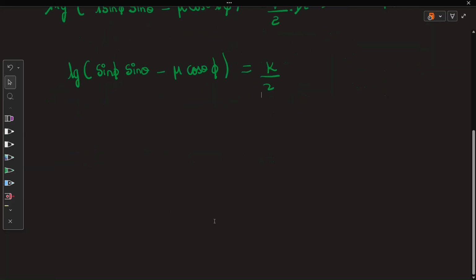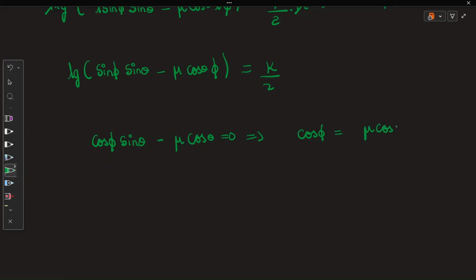So if I differentiate it, what I get is, remember theta is a constant, cos phi into sin theta minus mu into cos theta should be equal to 0. So what I get is cos phi is mu cos theta whole divided by sin theta, which is mu cot theta.